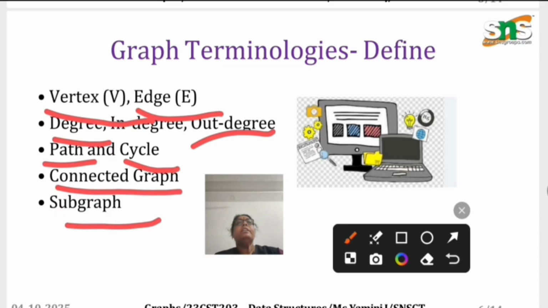Vertices are nodes or data points, and edges represent a link between two vertices. We also have degree, in-degree, and out-degree, which tell us how many connections a vertex has. Then we have path, cycle, connected graph and subgraph, all of which describe different graph properties.